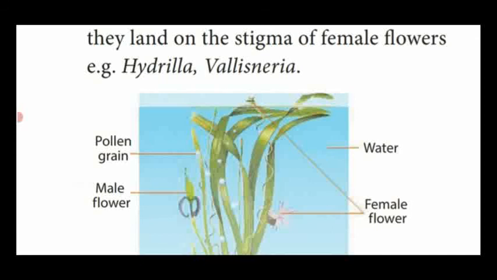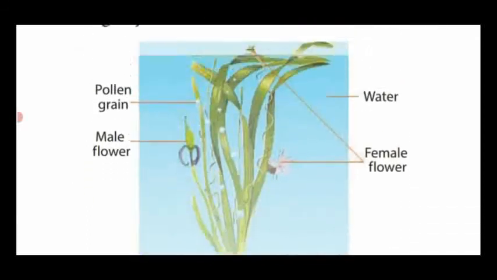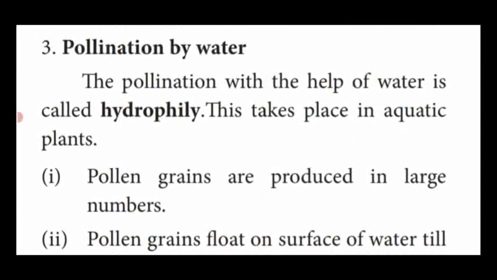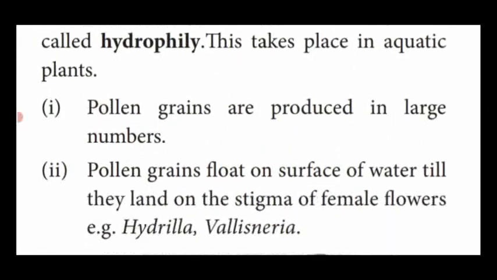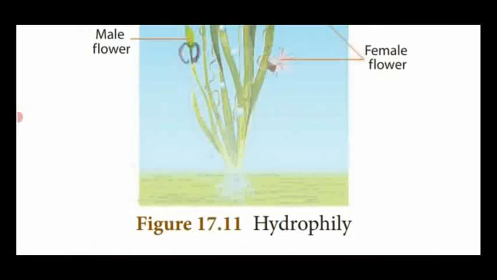They are released in the water and reach the top of the water level. Likewise, pollen grains are also released and they are located at the top of the water. Due to the water current, the pollen grains are rubbed onto the female flower. Thus, pollination takes place by water in Vallisneria and Hydrilla plants.